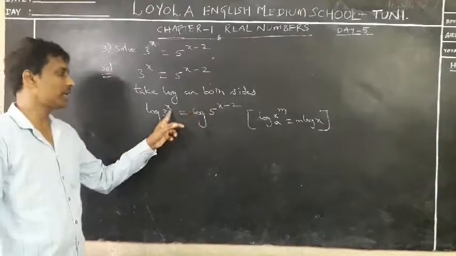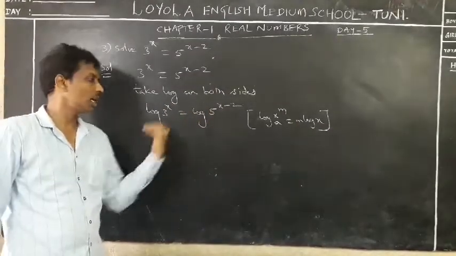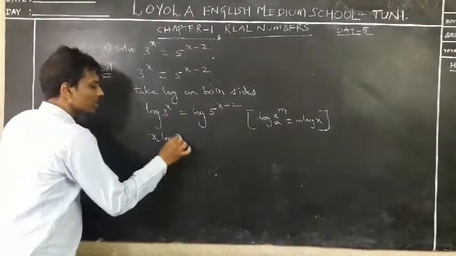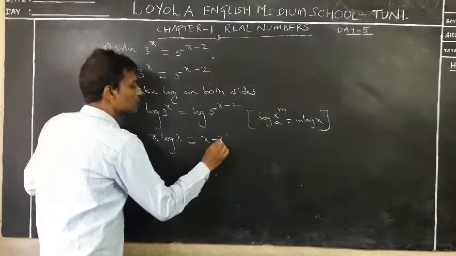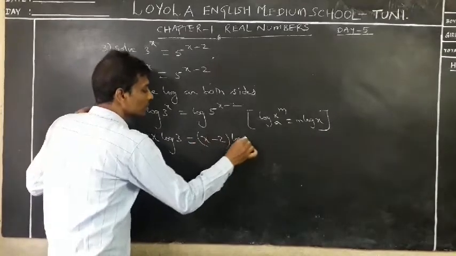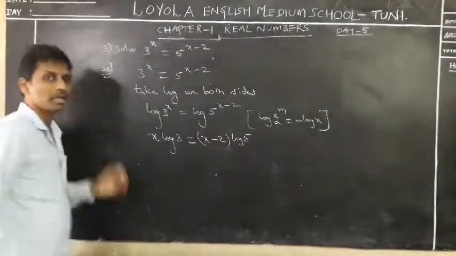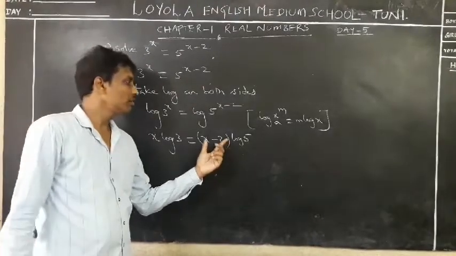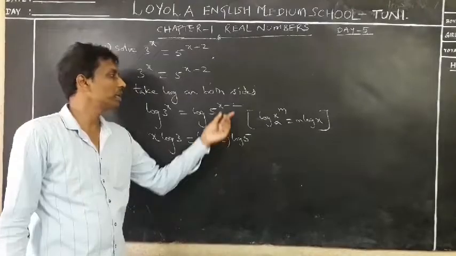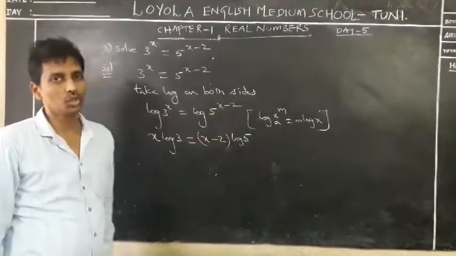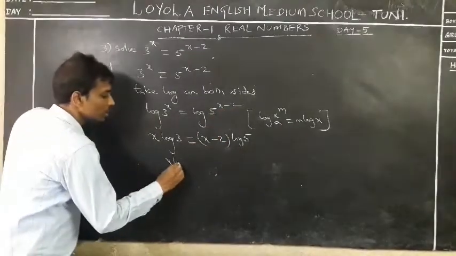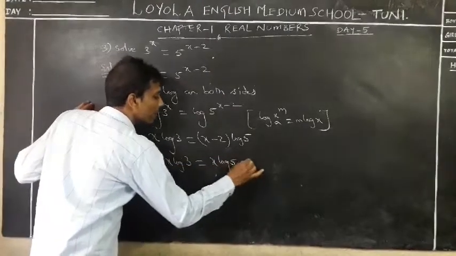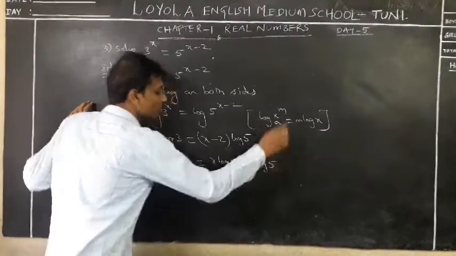Here power x and power x minus 2 come before the logarithm. x log 3 is equal to (x minus 2) log 5. Here one thing is clear. Why do we use a bracket for x minus 2? Because this is the combination of two terms. So now x log 3 is equal to x log 5 minus 2 log 5.